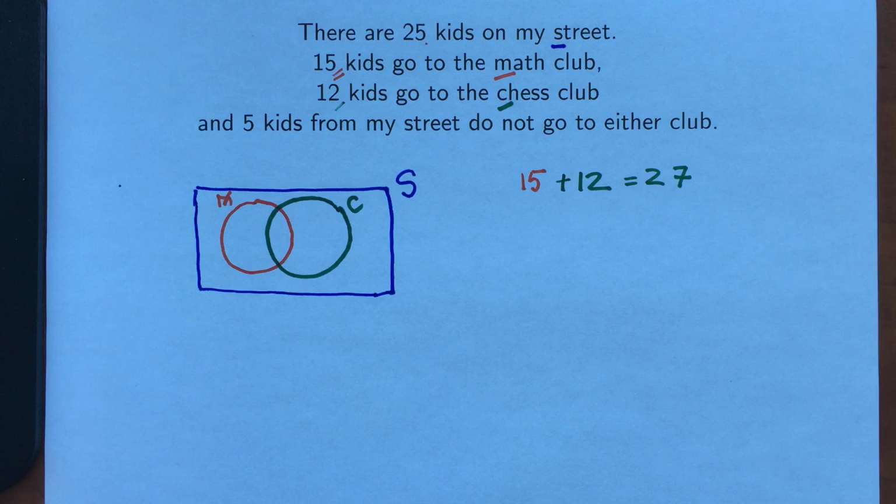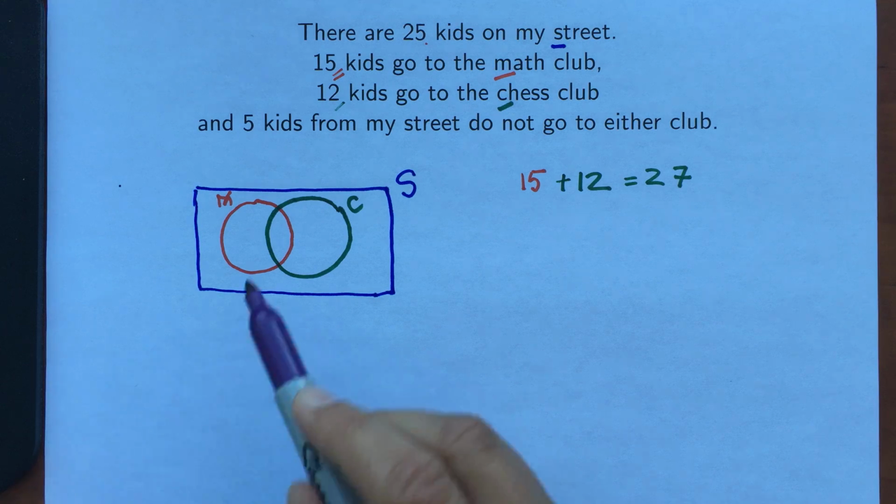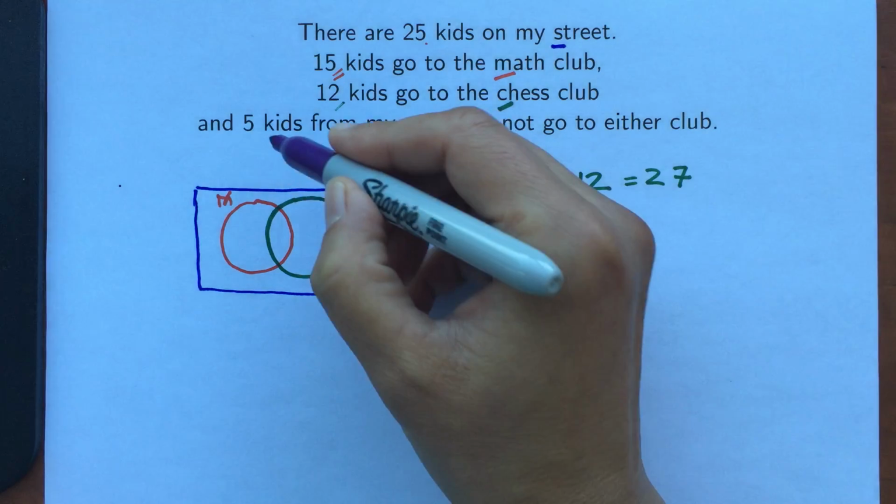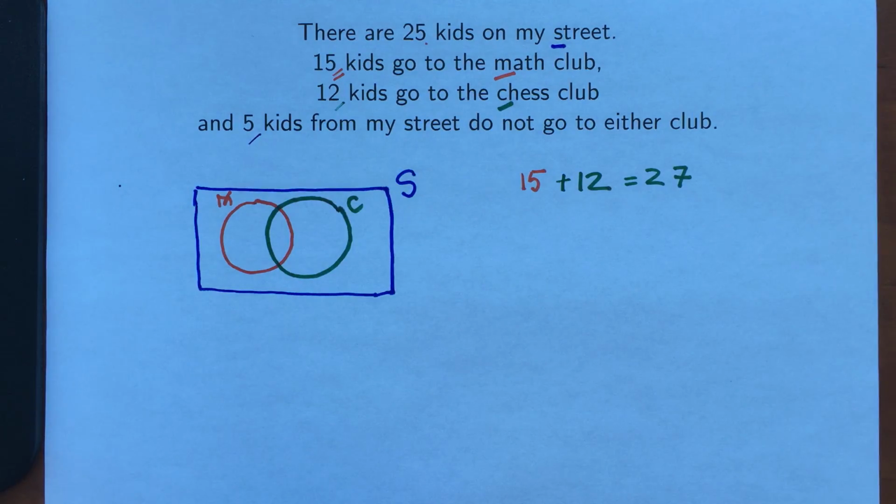So now we kind of found a way to represent the kids that go to the math club and the kids that go to the chess club. How about the 5 kids that do not go to either club?